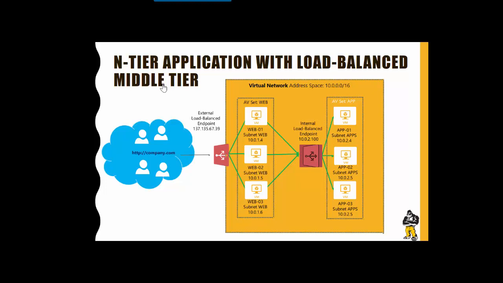The load balancer in turn provides load balancing for web server 1, 2, and 3. Now in this scenario, web servers are connecting to application servers, again application server 1, 2, and 3, where I'm adding an internal load balancer, specifically load balancing the traffic for my application servers. So nothing really blocks you from building out truly intelligent load balancing networking solutions.